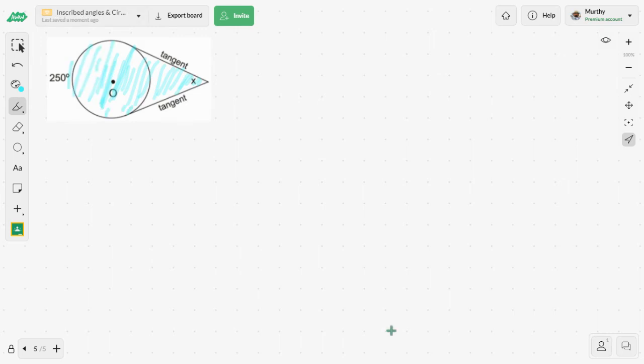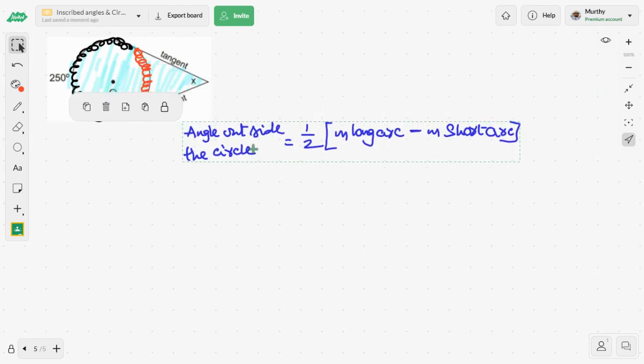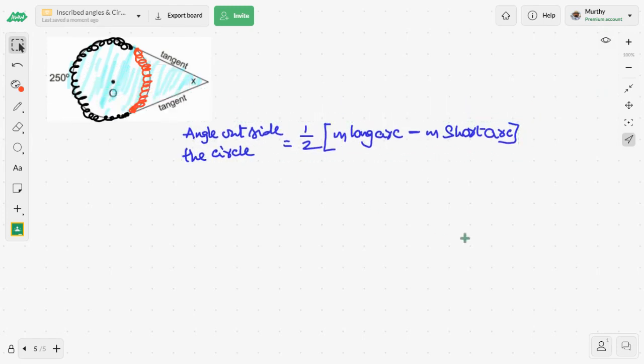First of all, let me identify which is the long arc and which is the short arc. Between these two points, I see that this is the long arc, and this is the short arc between these two sides, right? So let me take the condition, which is angle outside the circle equals half of the measure of the long arc take away the measure of the short arc.